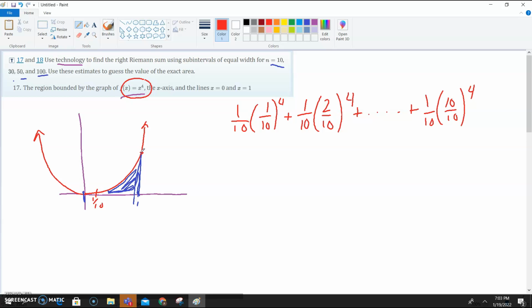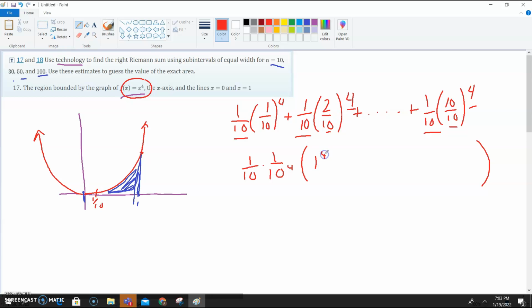Now, to use technology to calculate this quickly, what we're going to notice is a couple of things. We're going to notice that every single one of these has a 1/10 and this 10 to the fourth power in the denominator. So we're going to go ahead and pull out that 1/10 and that 10 to the fourth power, and we're going to leave everything else inside the parentheses.